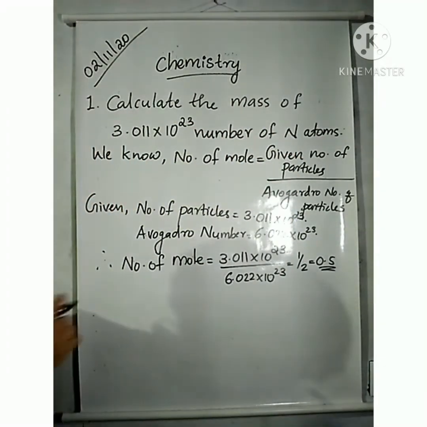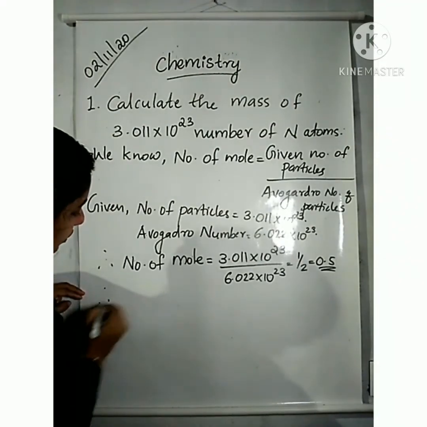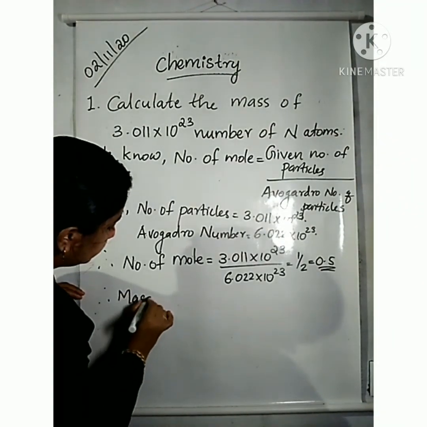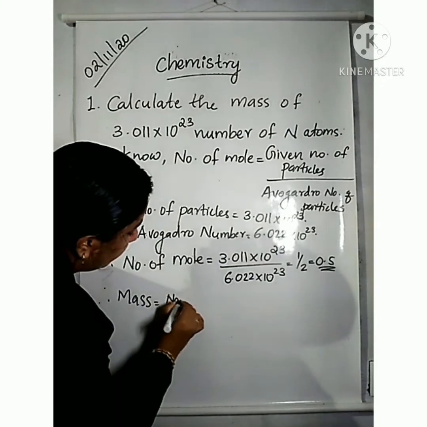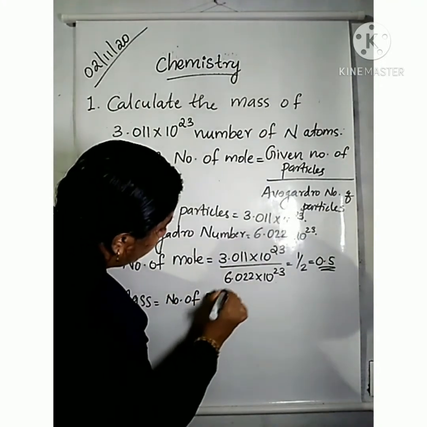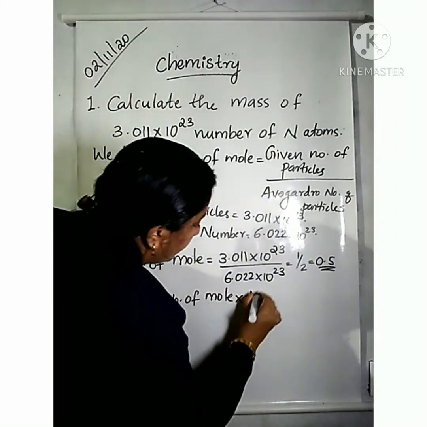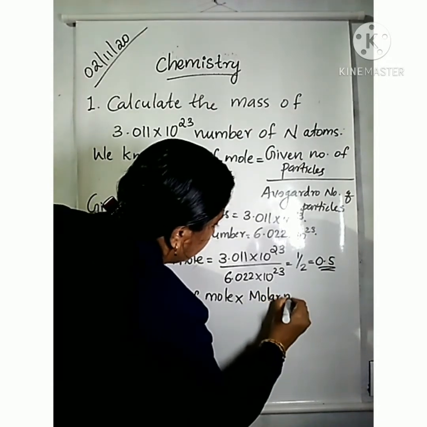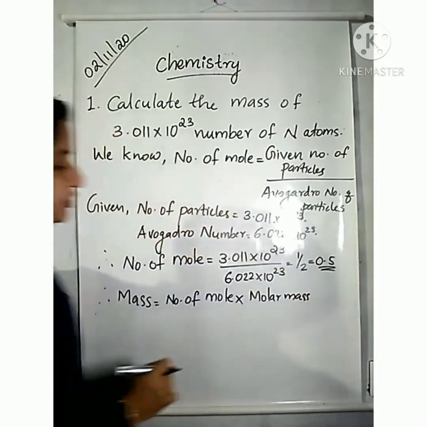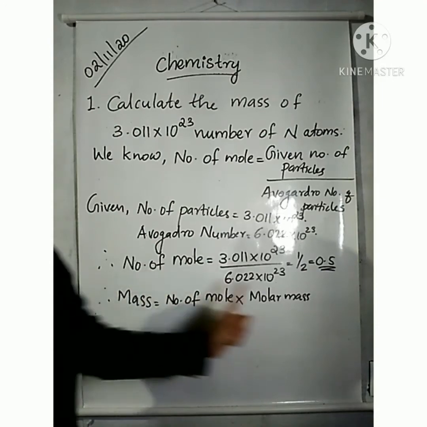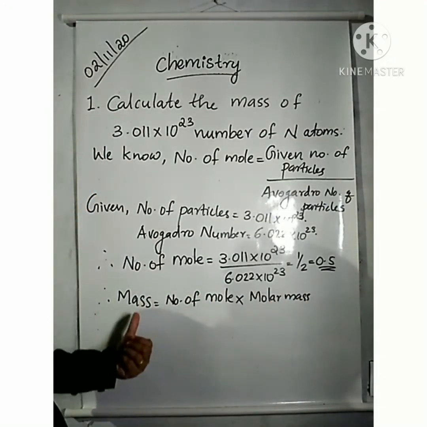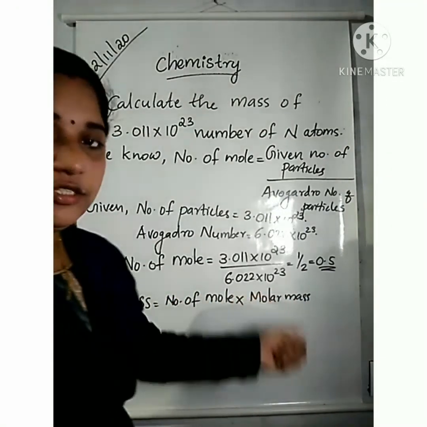So we already know mass equals number of mole into molar mass. From the last two examples, we are understanding that mass equals number of mole into molar mass.